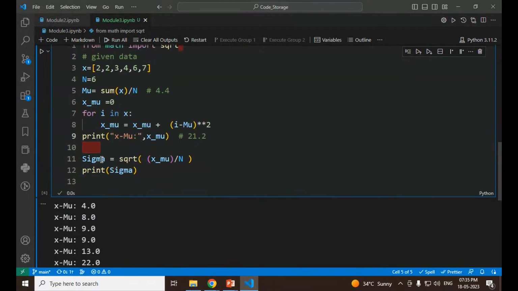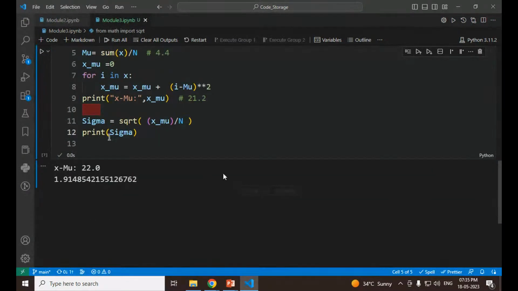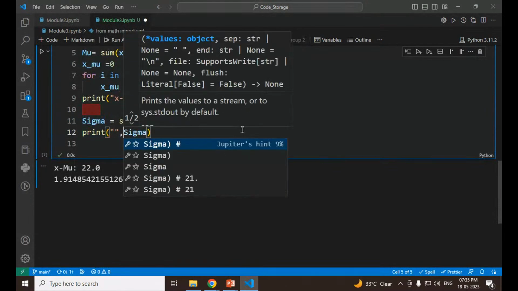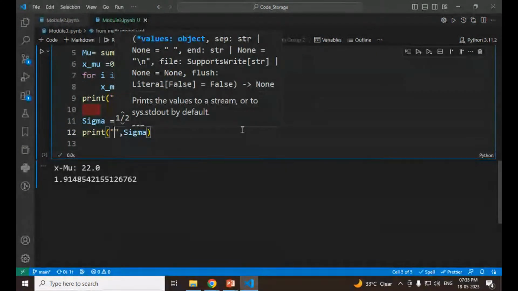Then we have the formula sigma equals square root of the sum of x minus mu squared, divided by n. That calculation is giving me the answer. So what is this answer? What is the sigma answer? What do we call that?